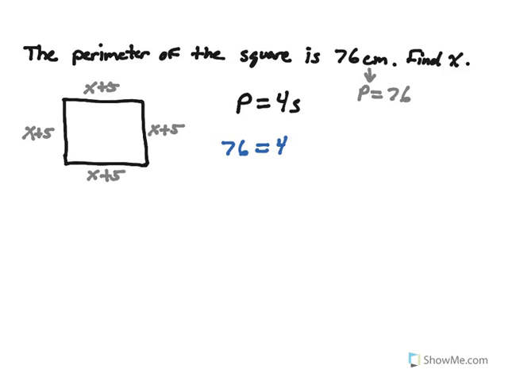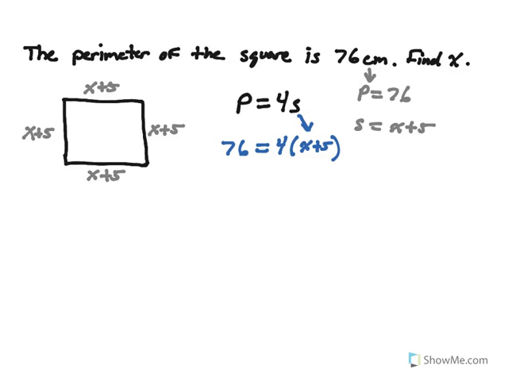One of the sides is going to be x plus 5. Just look at the diagram. All the sides are x plus 5. So we have 4 of them. So we want to do 4 times x plus 5. Okay? So I'm replacing this s with x plus 5.